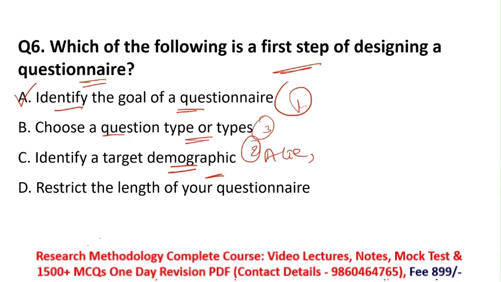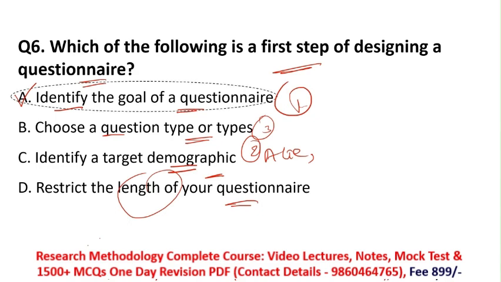And after that we'll select the question type or question types. Then after that you will restrict your questionnaire length. How long will my questionnaire be, how many questions will there be, like 20 questions, 30 questions, like that you will set the length of your questionnaire. But the first step of designing a questionnaire will be the goal of your questionnaire.